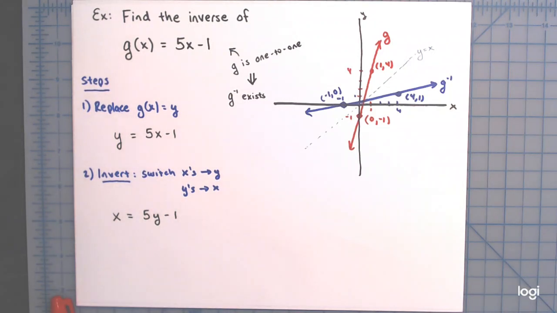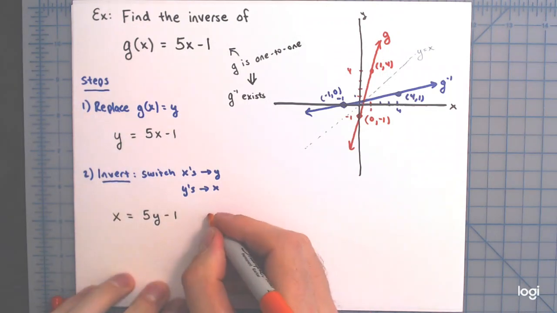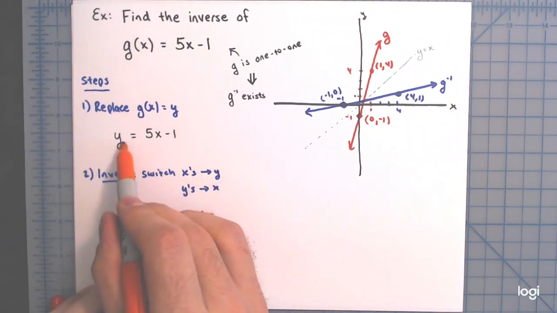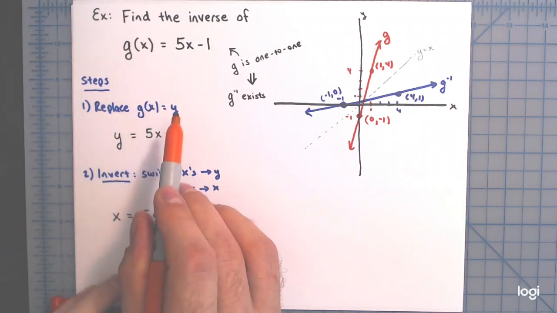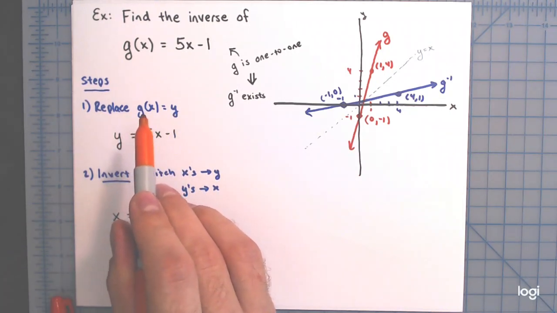Now you got to be careful here. This y, in this equation up in step 1, represents the outputs of function g.